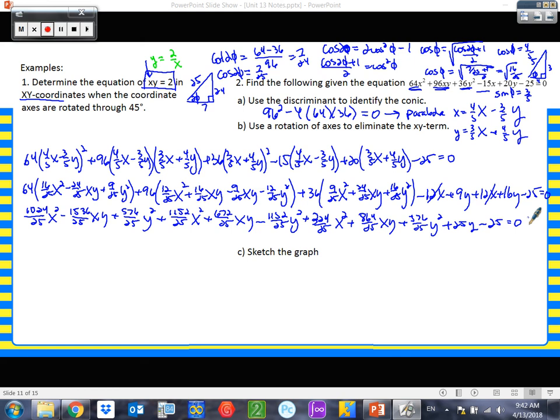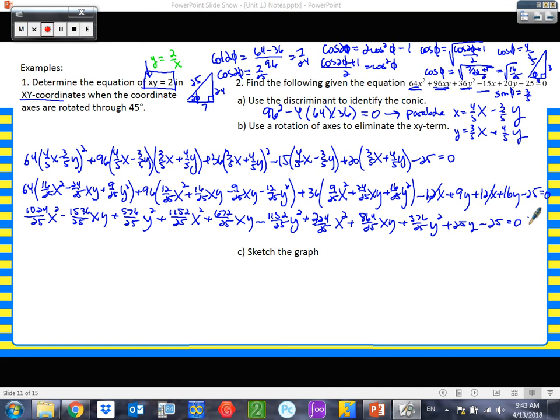Yeah, actually they're all in 25ths, which is why I'm encouraging you to leave them in 25ths, because it's much easier to combine like terms if they all have the same denominator. So, yep, we're looking good. The good thing about this is if your xy terms don't go away, you've done something wrong. They have to disappear. If they don't, there's something wrong.